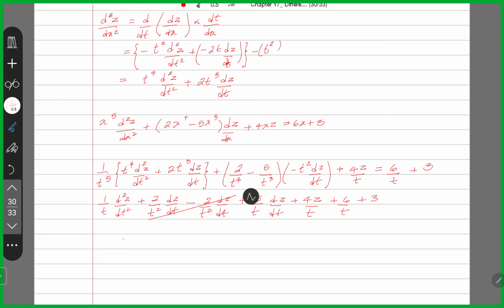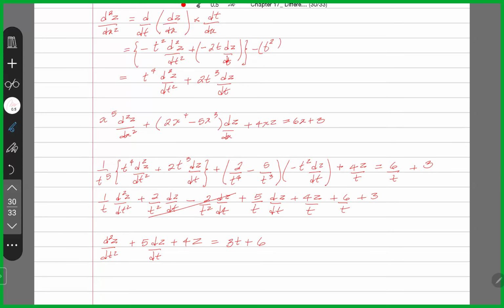We're going to get d2z by dt squared plus 5 dz by dt plus 4z is equal to 3t plus 6. So we were asked to show that the differential equation is going to become this.